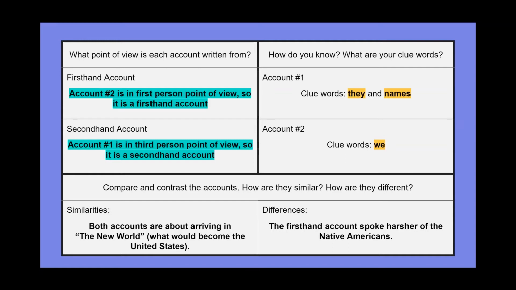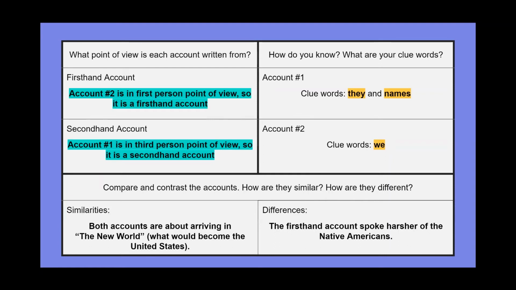All right, so compare and contrast the accounts. How are they similar? How are they different? You might have different answers than me, and that's okay. Similarities for me, the one that I found, was that both accounts are about arriving in the new world, what would become the United States.